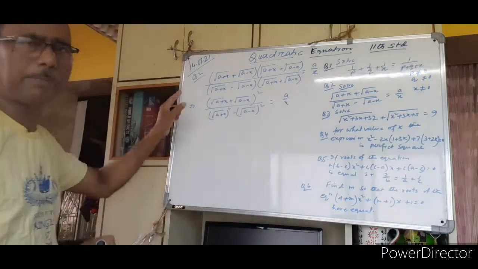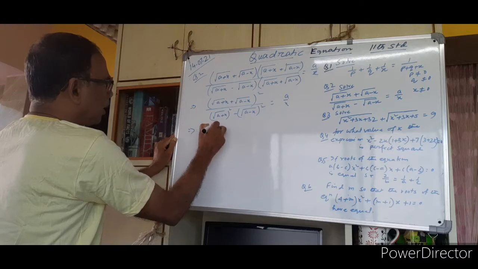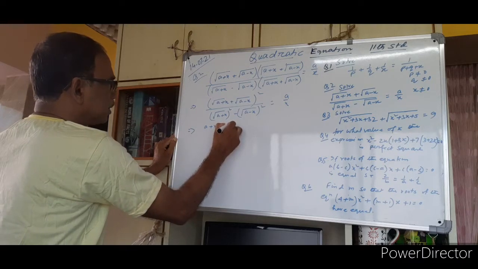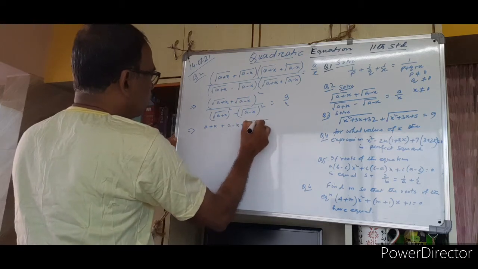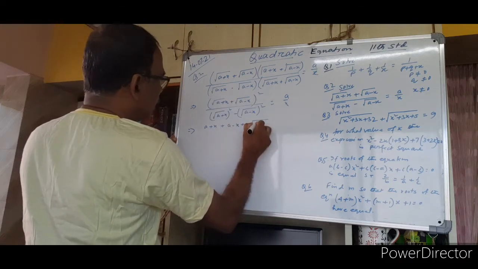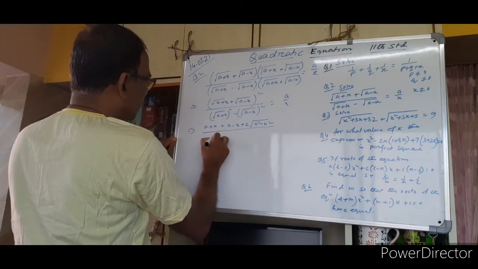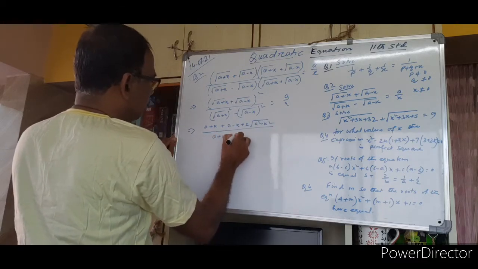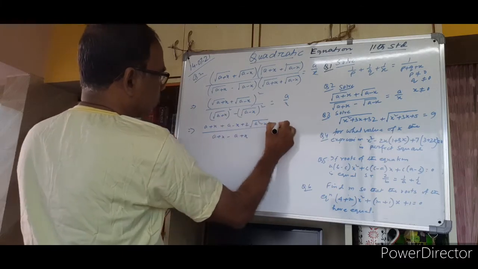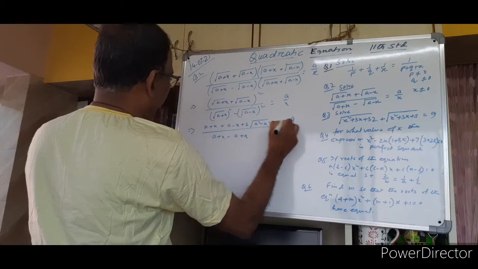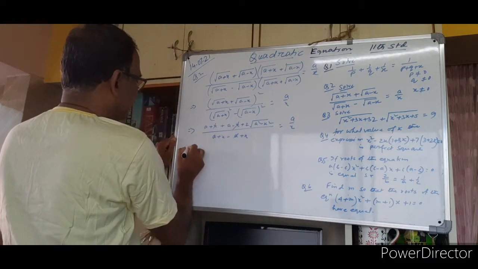Now breaking this, a plus b whole square formula, equals a plus x plus a minus x plus 2 root over ab, this into this, that is a square minus x square, over a plus x minus a plus x. This minus is my plus. That equals a by x. x cancel, a cancel.